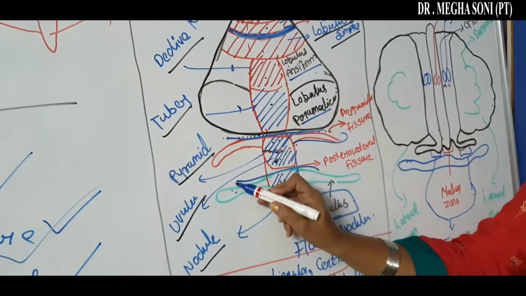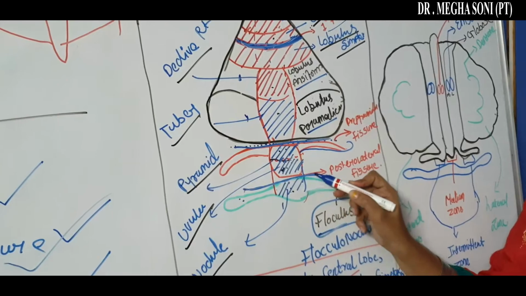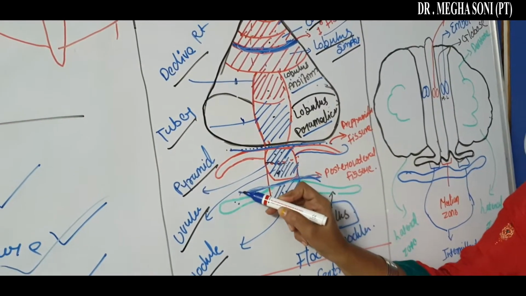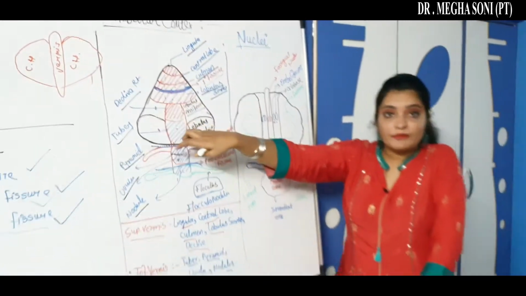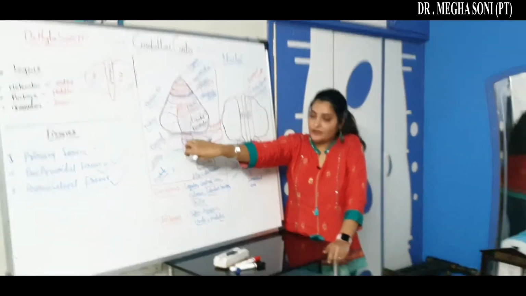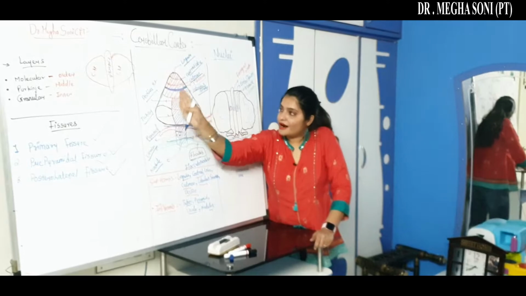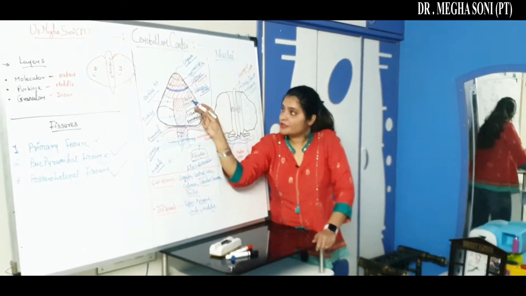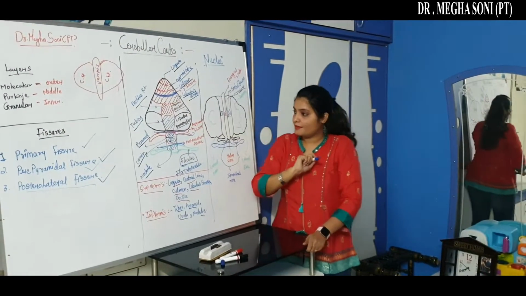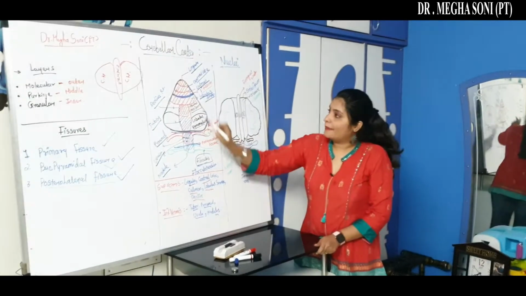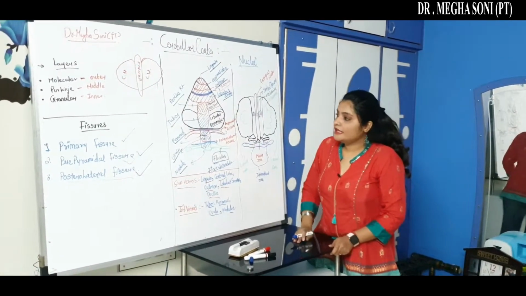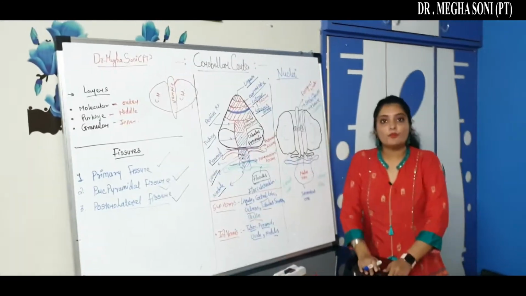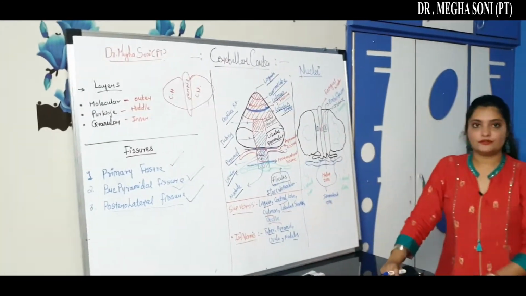Right. So we have talked about the vermis, parts of vermis, superior vermis, inferior vermis, then parts of cerebellar hemisphere, lobulus ensiform, lobulus paramedian, and three fissures: primary fissure, pre-pyramidal fissure, and the posterolateral fissure.